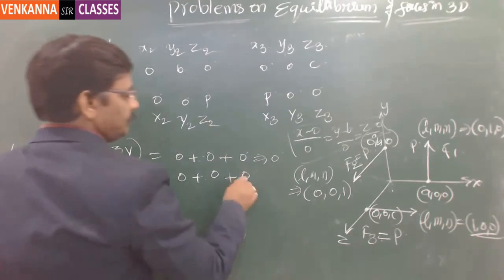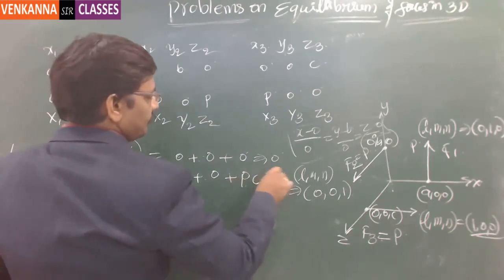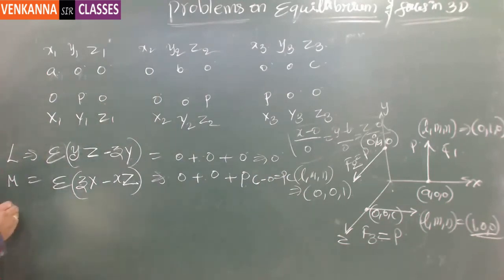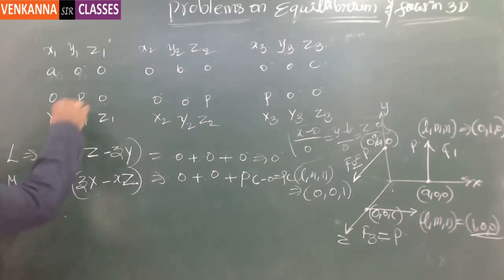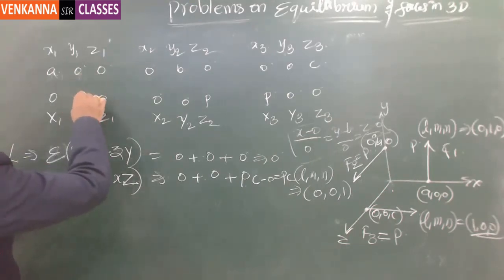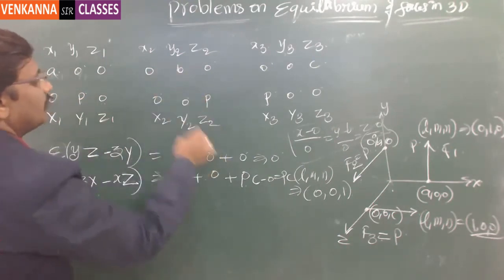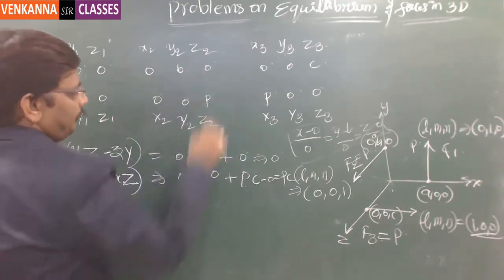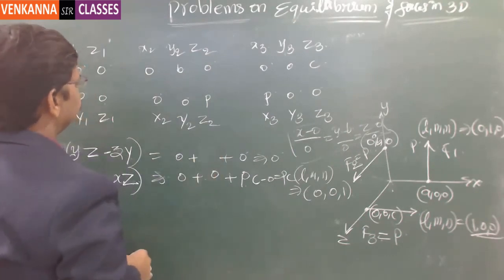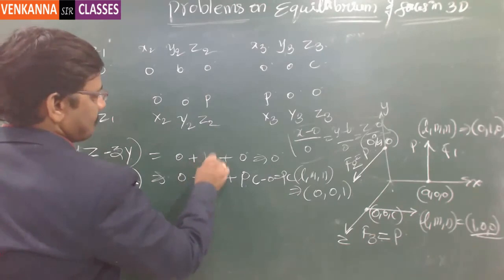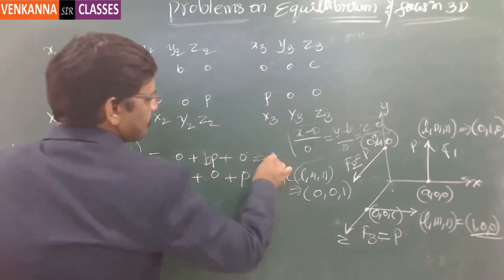So this is PC minus 0. So this is equal to PC. So N is equal to... sorry, I think the second one is wrong. Yeah, so BP minus... this is BP.